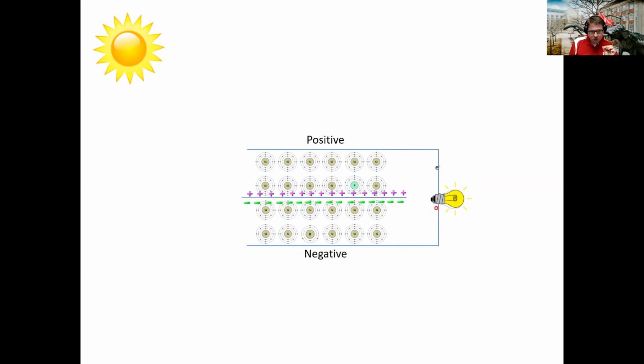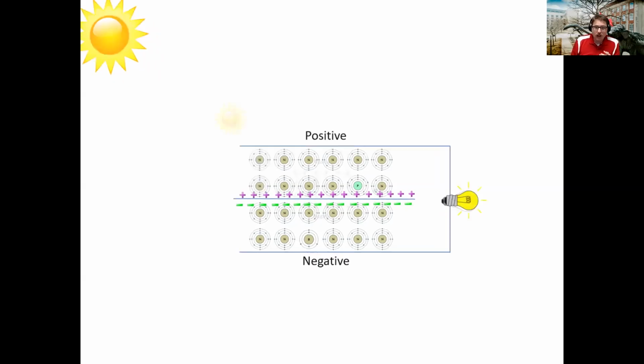Those red circles are flowing in the opposite direction. Those are actually the holes, H-O-L-E, the absence of an electron that's left behind. You can almost imagine the absence of an electron being positively charged because an electron is missing now. And those flow in the opposite direction.